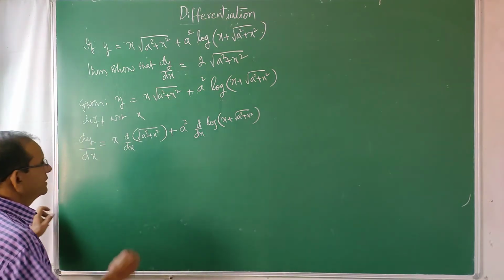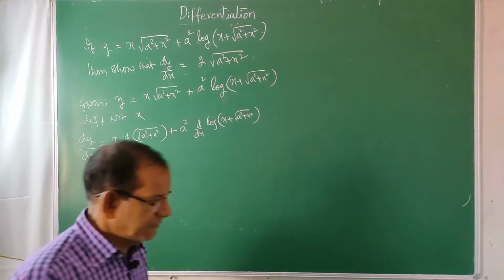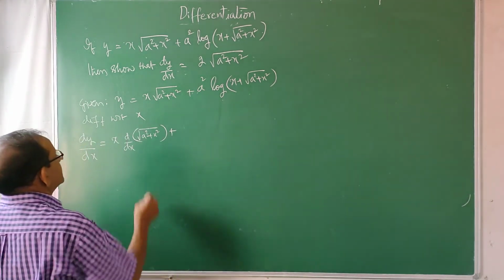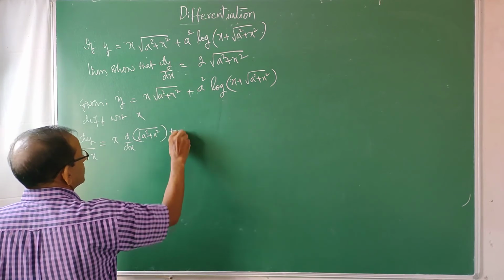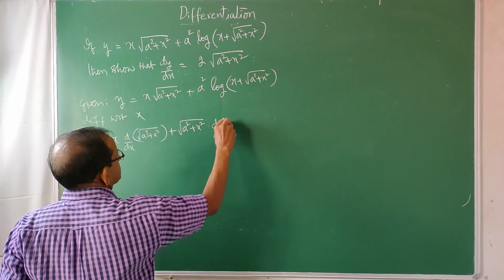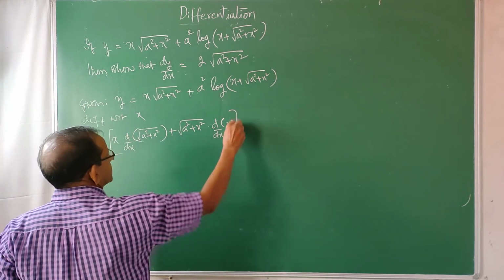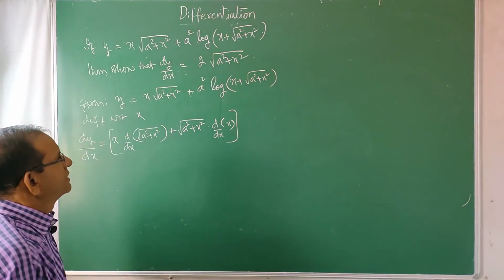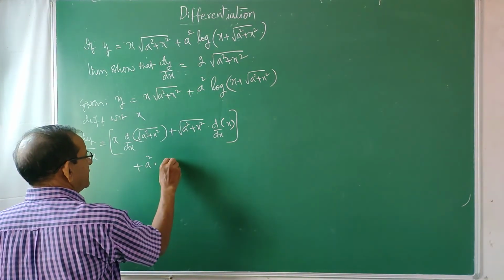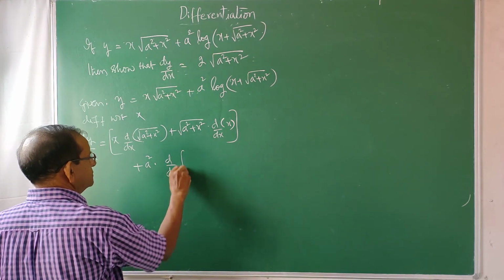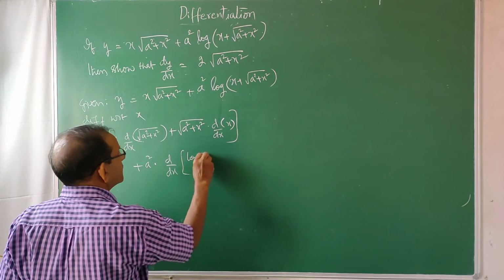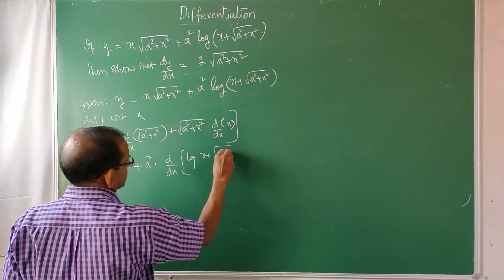Now here we forgot the second term, we didn't write. First x into derivative of this one, now root of a square plus x square into d by dx of x. This is the derivative of the first term only. Now this one plus a square into d by dx of log of x plus root of a square plus x square.